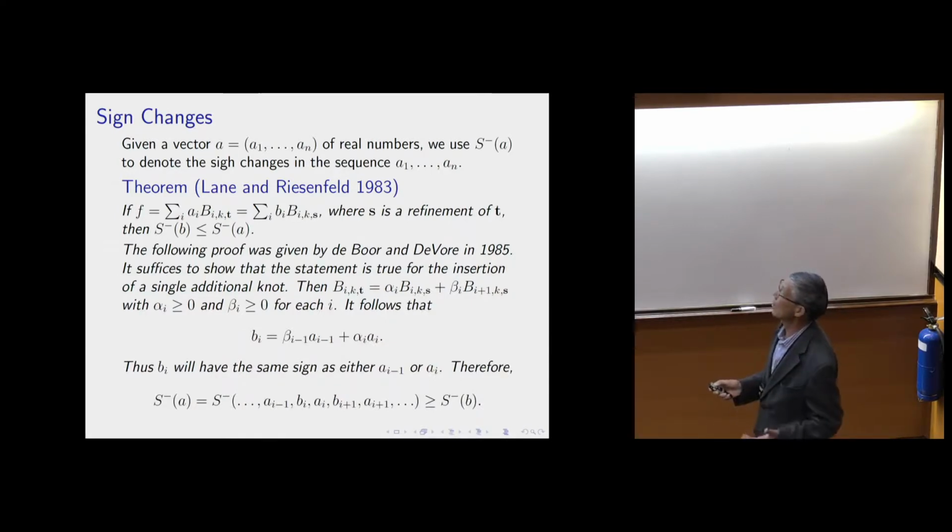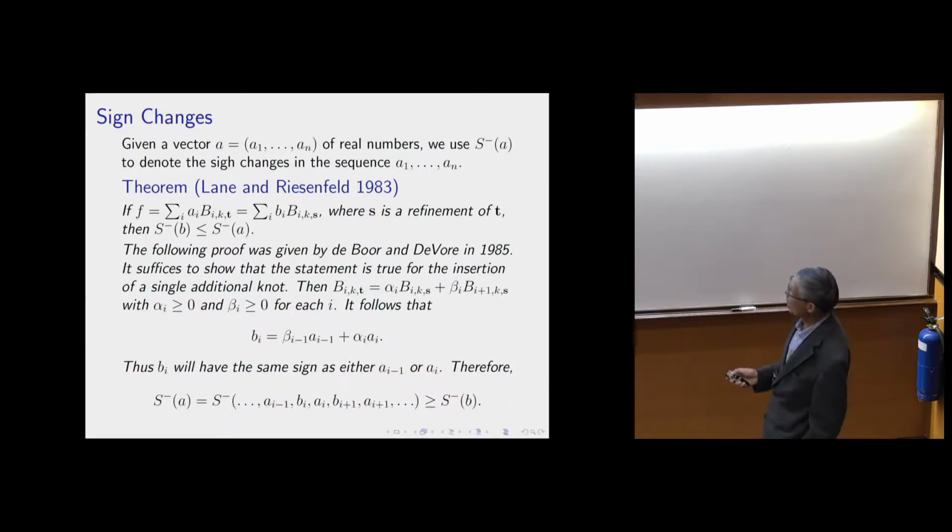You can see the idea is about the same. We just insert one new node. If we insert one new node, then B_i can be represented as a linear combination of A_{i-1} and A_i, with coefficients alpha_i and beta_i. They are just something like a discrete B-spline, and they are non-negative.